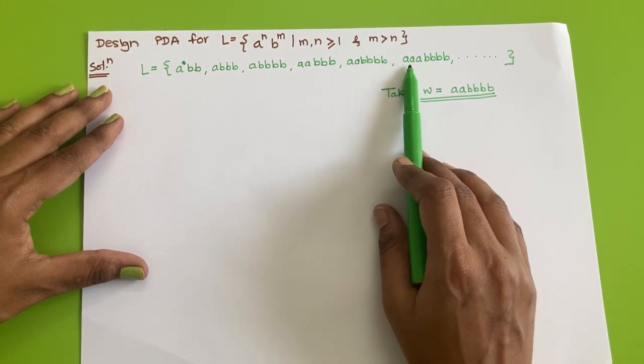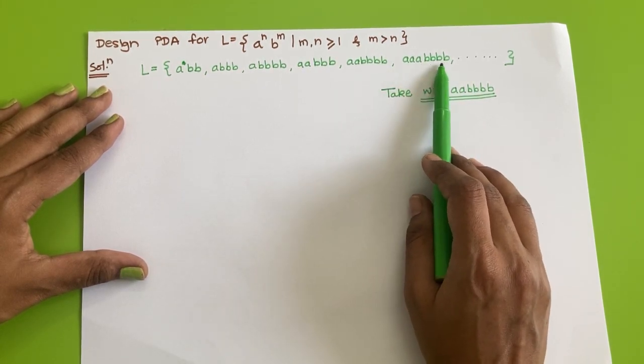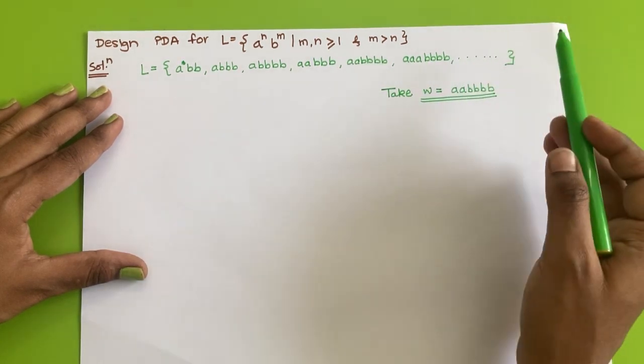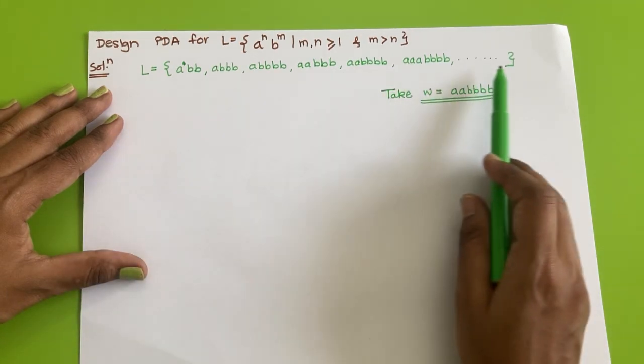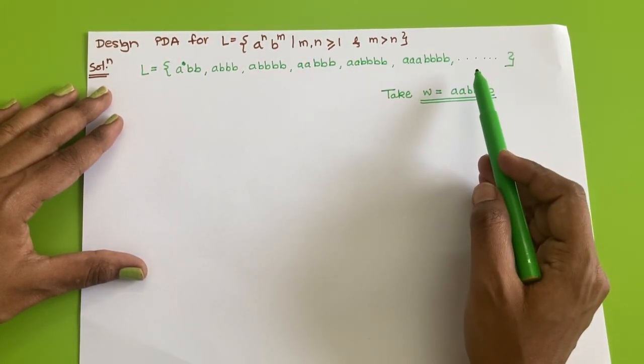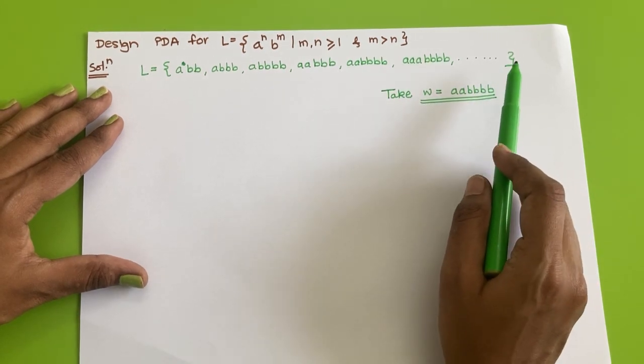Now the next smallest string can be 3 times A, 4 times B, 3 times A, 5 times B, 6 times B, etc. So this will go on repeating. As the number of A's increases, the number of B's also increases by at least 1.